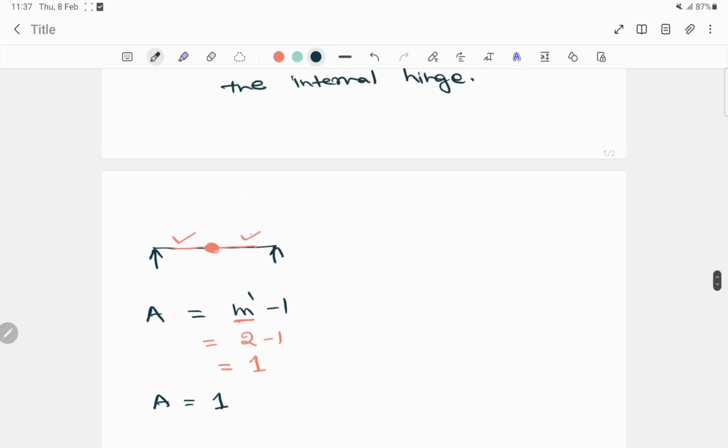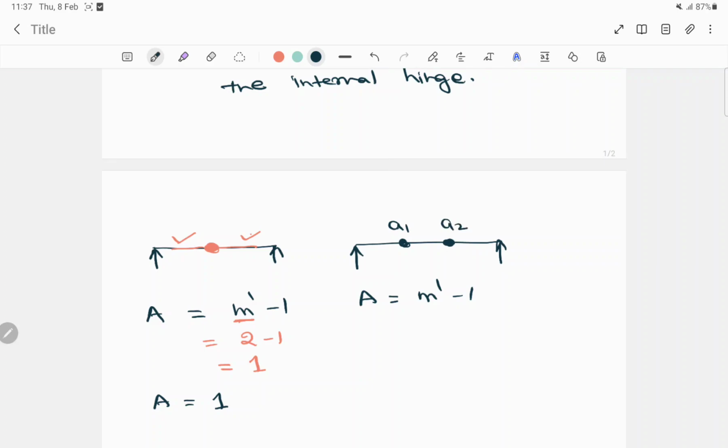Now again I'll give another example, that is here. Okay, so this is a beam where 2 internal hinges are connected. If 2 hinges are connected, how do we have to calculate this? We have a formula a is m dash minus 1. So there are 2 hinges here. What we have to do, we'll consider this hinge as A1 and this hinge as A2.